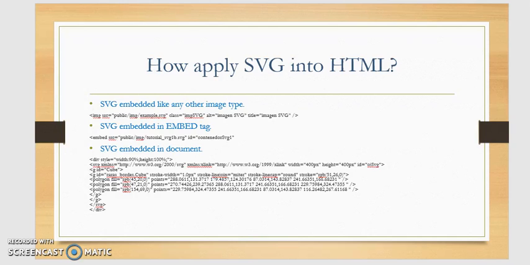Another way is the SVG embedded in the document. We have seen several ways to insert an SVG document into an HTML5 page by helper tags. But HTML5 allows the insertion of an XML document, and SVG is an XML document, into the page itself directly. This option may seem appropriate, but in fact has a rather large drawback.